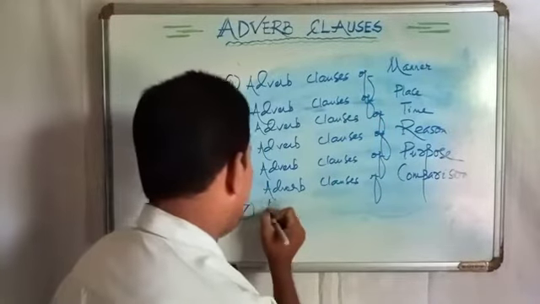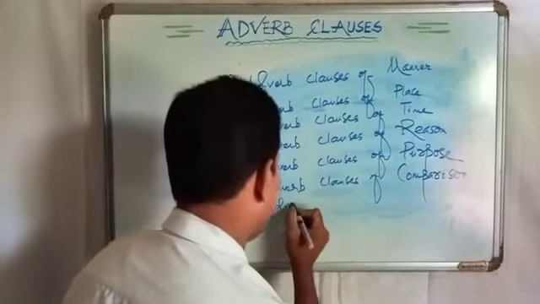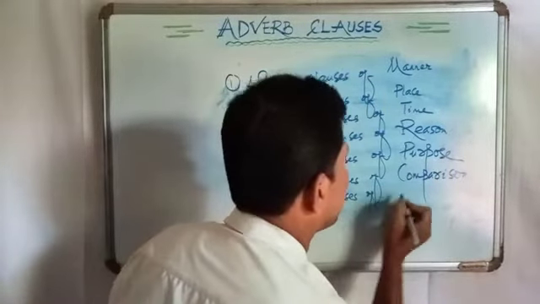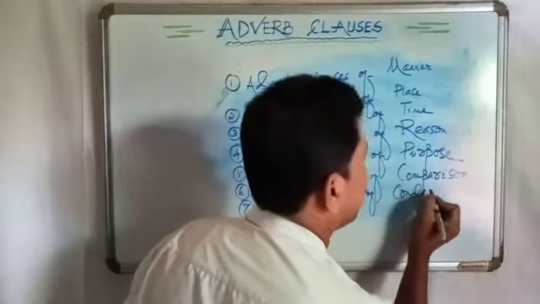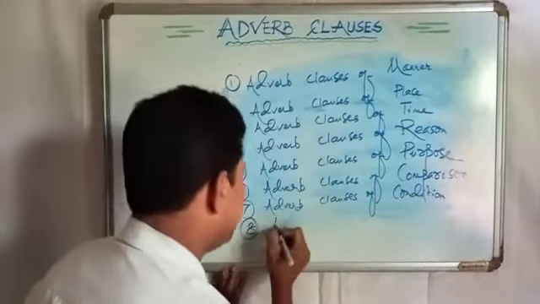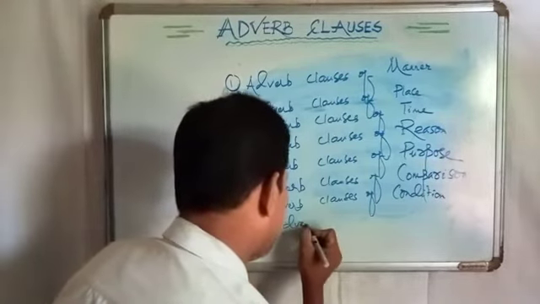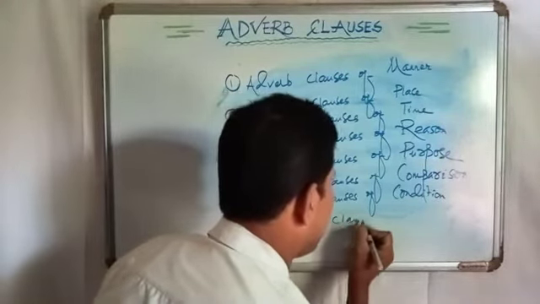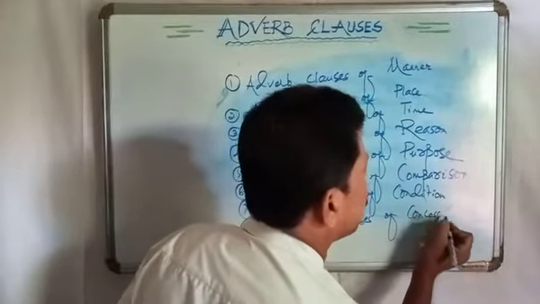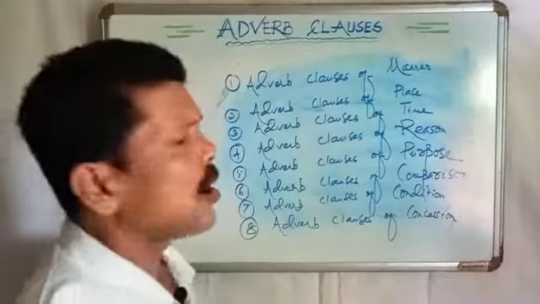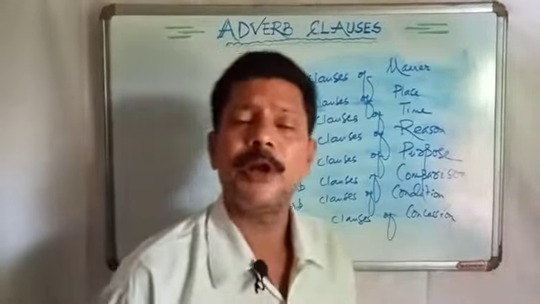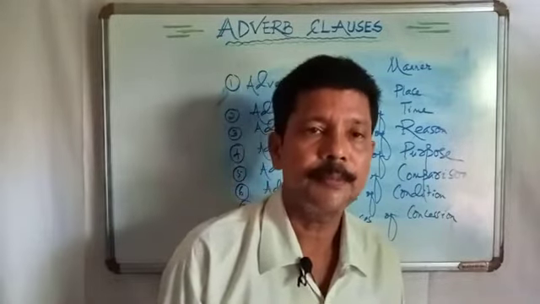Then adverb clauses of condition. Then finally, the last is adverb clauses of concession. Now, adverbs are classified into 8. What are they?